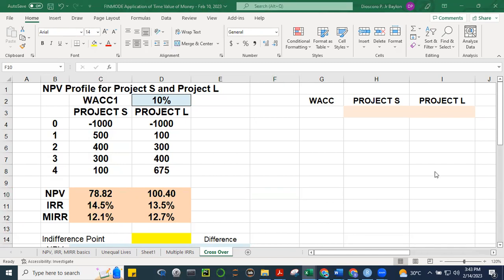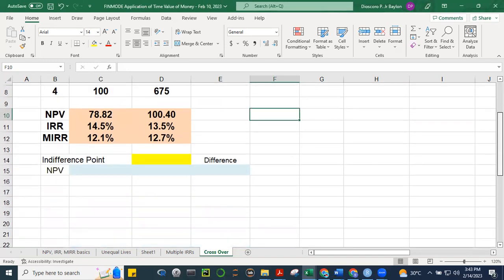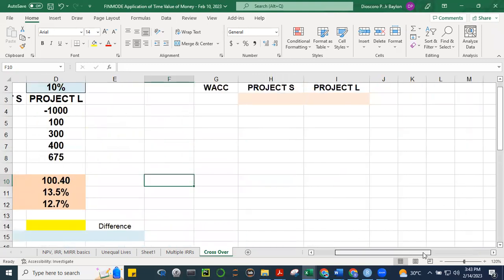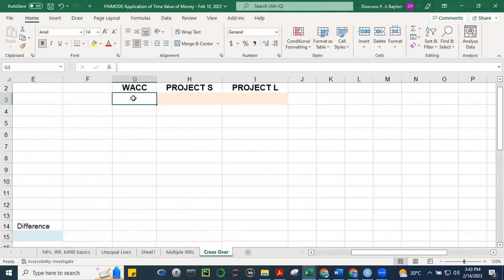Okay, now we're going to, again, do sensitivity analysis. So mag-create tayo ng WACC from 0%, and then mag-create ulit tayo 0%.